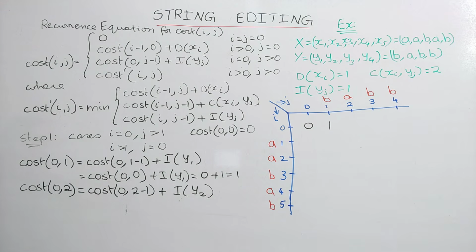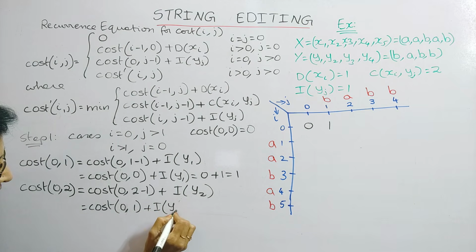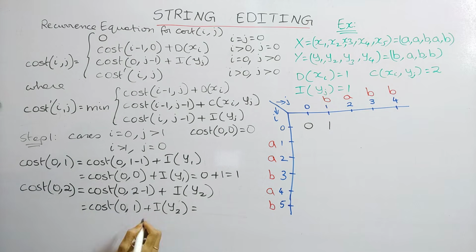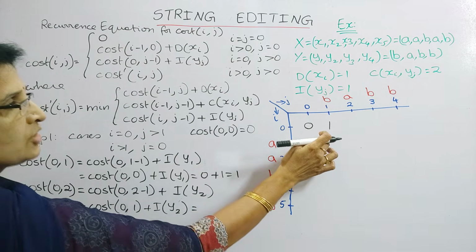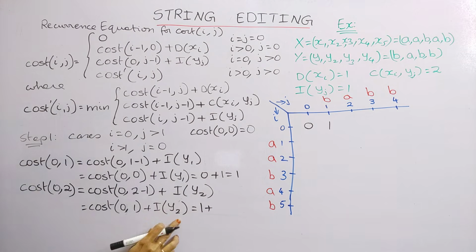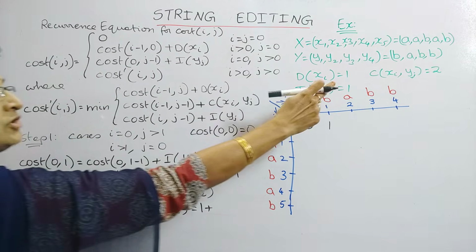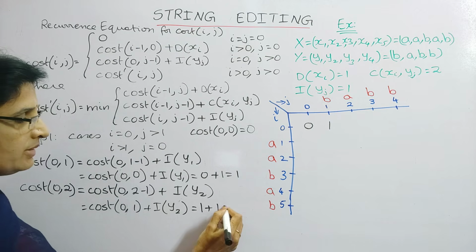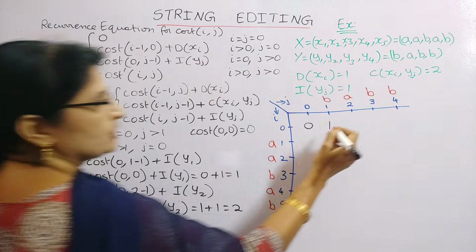You perform the insert symbol for Y2. So it is cost of 0, 1 plus insert of Y2. Cost of 0, 1 is 1, plus the cost of the insert operation, which is also 1, so it becomes 2.